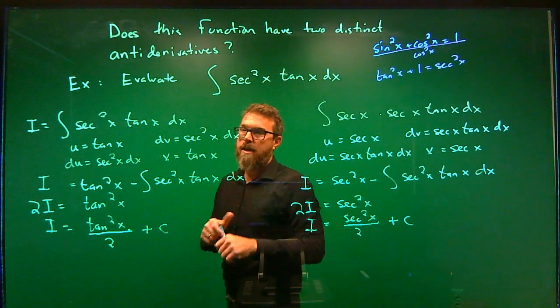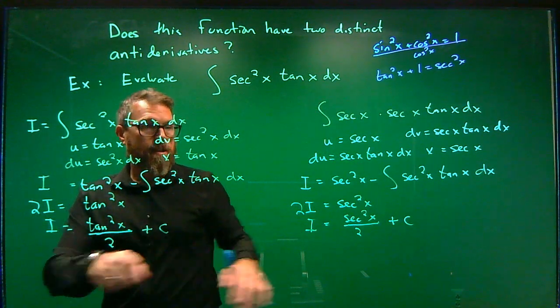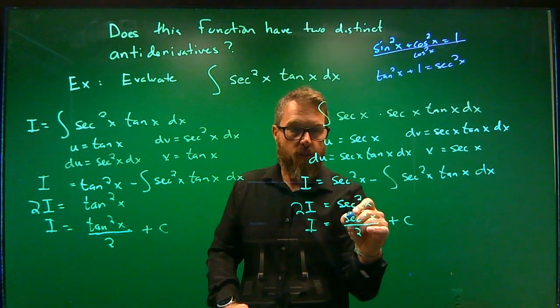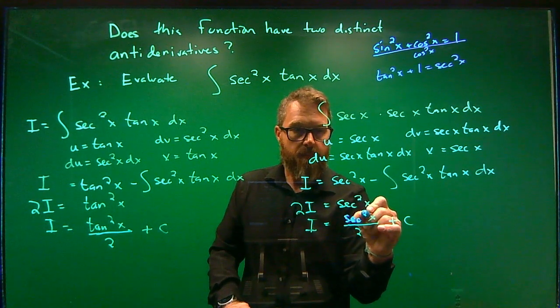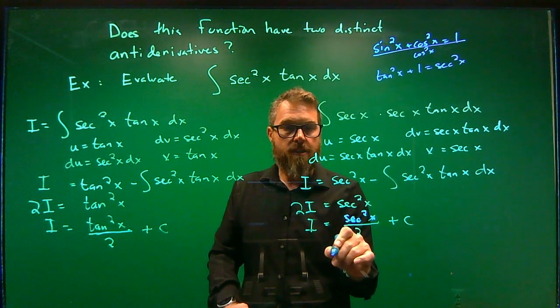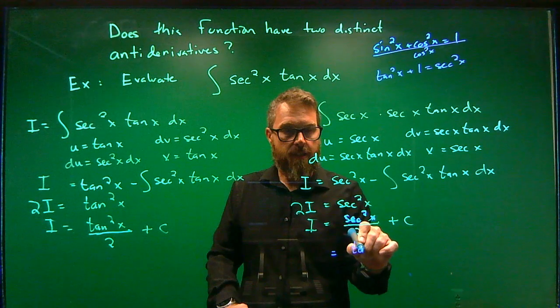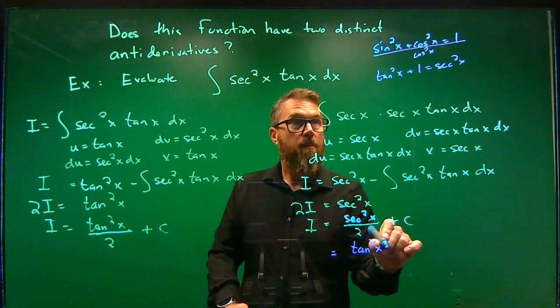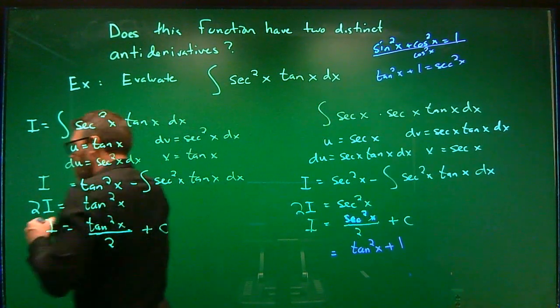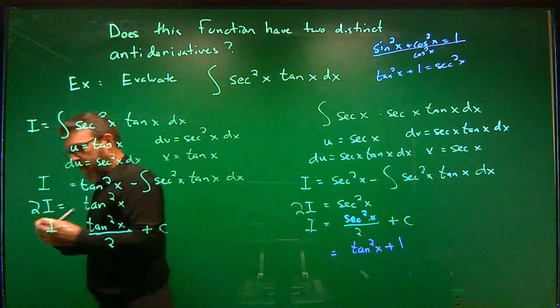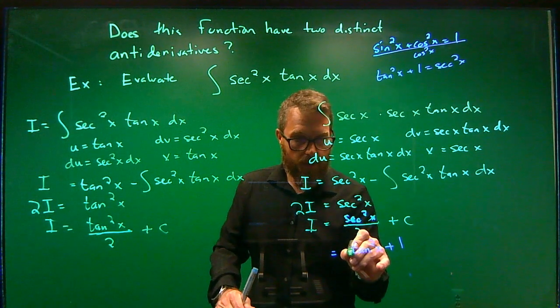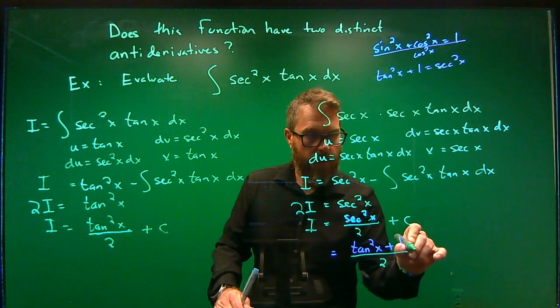So what I can do is rewrite the secant squared of x, since it's already isolated, as the tangent squared of x plus 1, and this is still all going to be over 2 plus c.